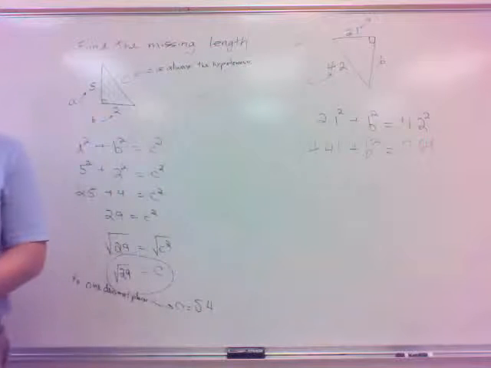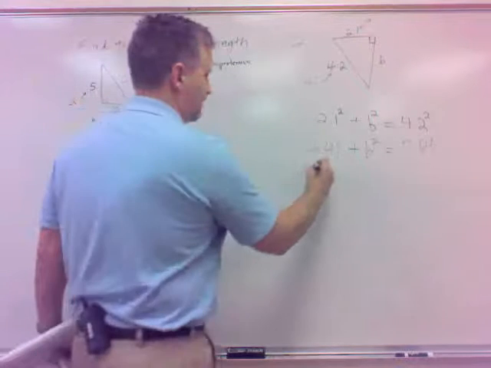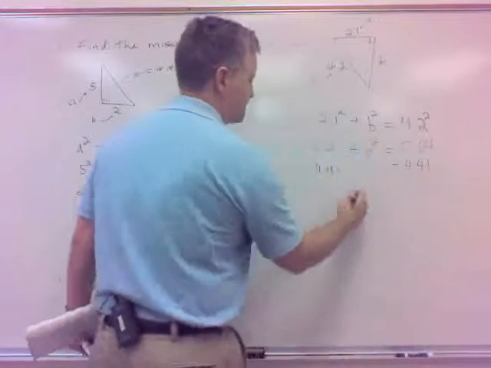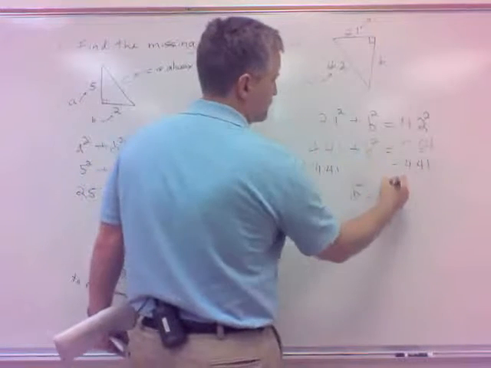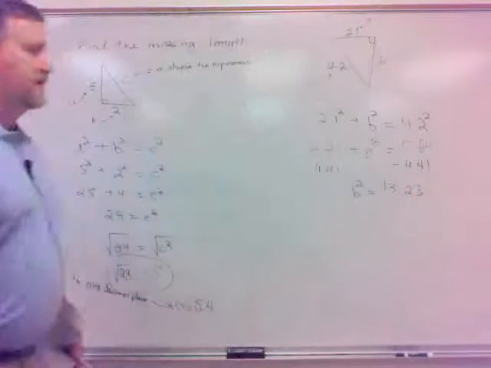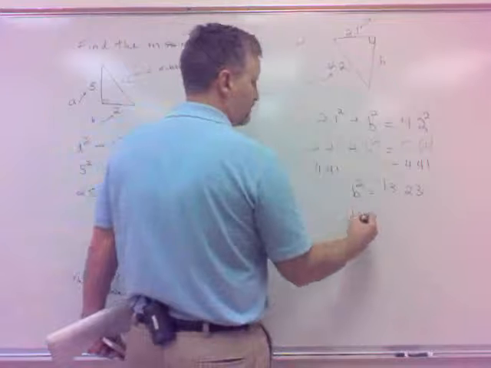All right, now, what am I going to do here? This one is similar to one of the test questions, maybe. Move this 4.41, right? Subtract the 4.41, and that's B squared equals 13.23. And then we're to the same spot: square root both sides.